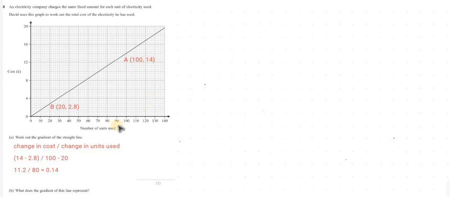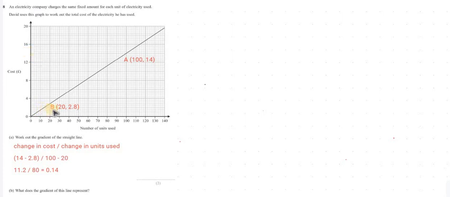Okay, so to find the gradient of any line, you have to pick 2 points on the line and state their coordinates. So x-axis value first, y value second, so y-axis value second. So that's 100 to 14. So that's 12 to 16, halfway through.